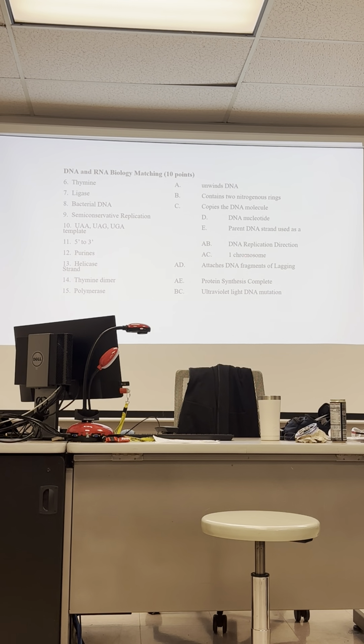AC, 1 chromosome. Semi-conservative replication. D, DNA nucleotide, no. E, my bad. And I have my hearing aids in. Parent DNA strand used as a template, correct. How about UAA, UAG, UGA?